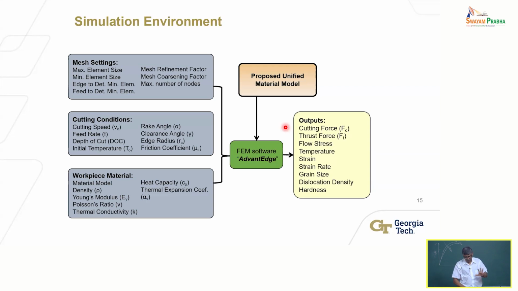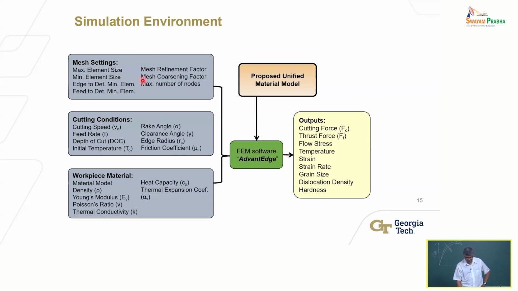All that can be done today using finite element software. Advantedge is one example that we have used. It's a commercially available simulation software for machining. It's very simple to use. Even undergraduates can use it. My students right now are using it.